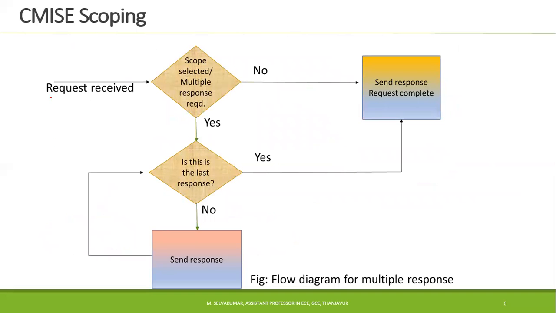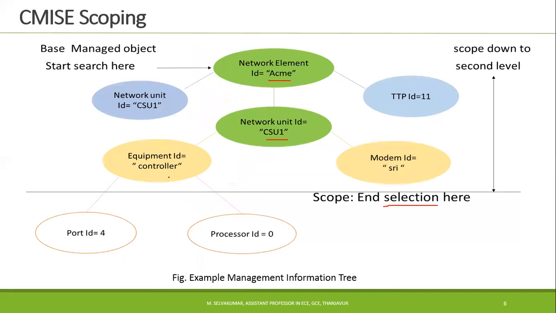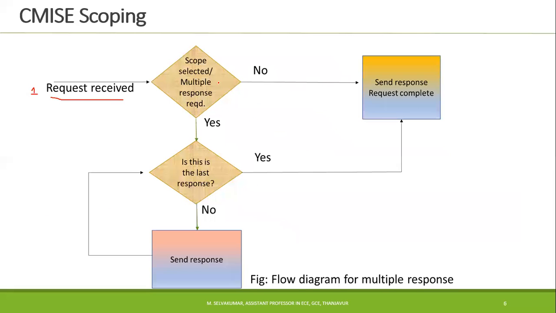So here one request is received, that is, one request is sent using the scope selector. Is it a multiple response record? If no, it sends the response, since there are no multiple objects. If yes, it continues up to the last response of those multiple objects.